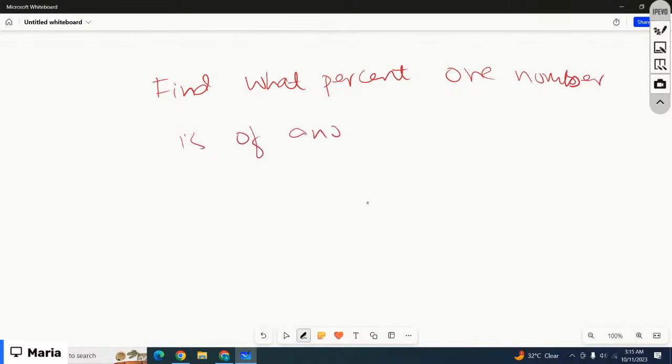That means what percent one number is of another number, right?